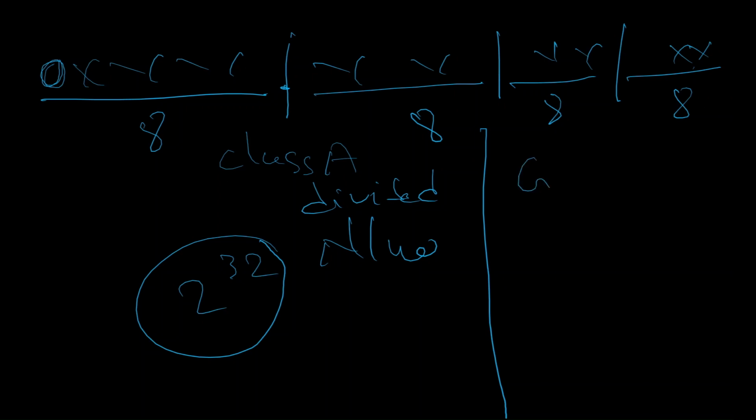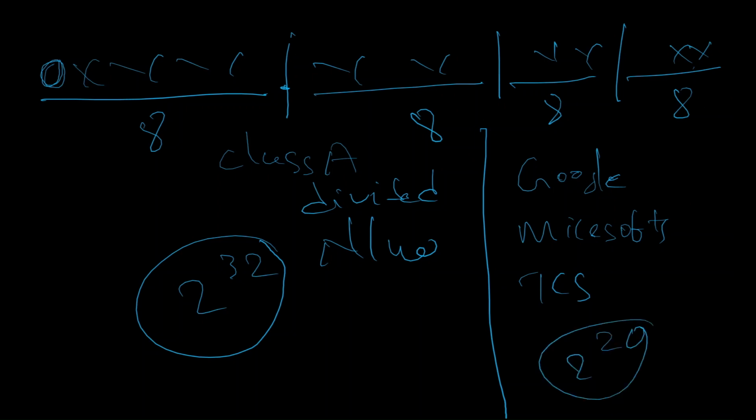If you consider a company like Google, Microsoft, or TCS, they might require millions of IP addresses, maybe 2 power 20. And if you consider your home private network, you might require just 40 to 50 IPs at max. Mostly we'll require 10 IPs, but if the house is big, we might require 40 IP addresses.